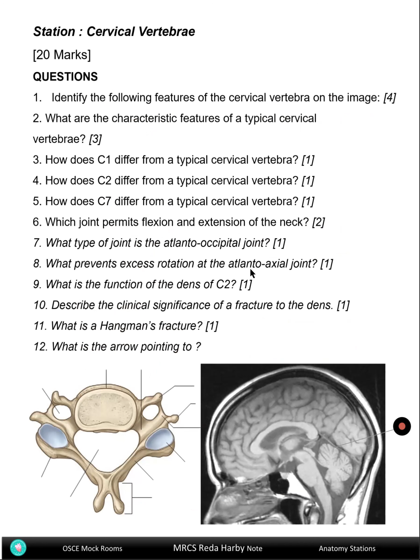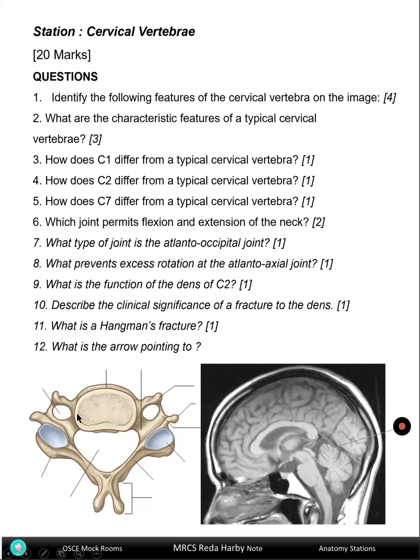So apparently C1, C2 and C7 are atypical cervical vertebrae, and C3 to C6 are the typical ones. And don't forget this structure here, this line here, which was asked in the last exam, and I shared it before in the old group. This is one of the dural folds. We have a 3D version of them, so don't worry about them.